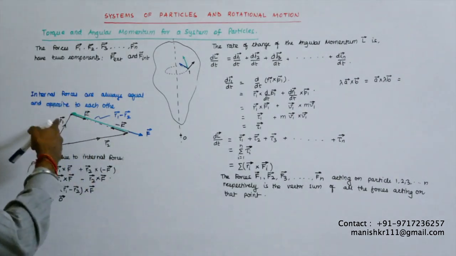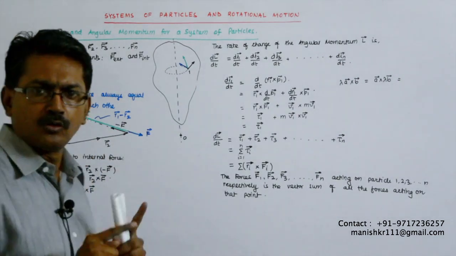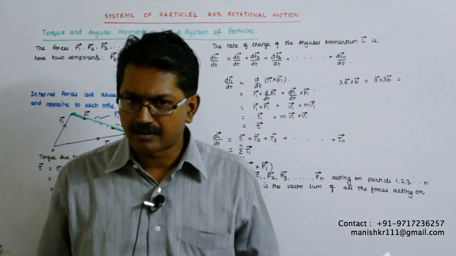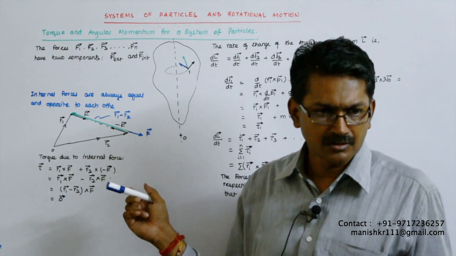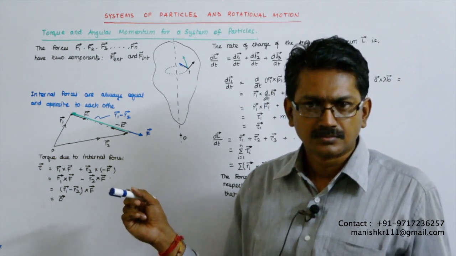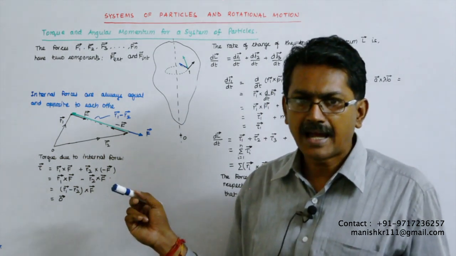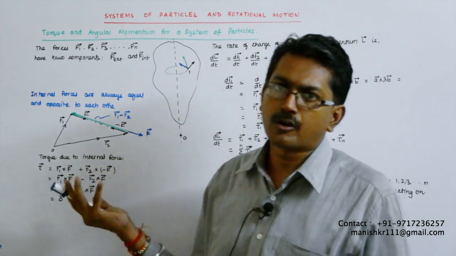I have shown only a pair of it. So there will be maybe a million pairs. But whatever you do, you will always be doing the same thing. Is it not? And this cannot rotate the system.